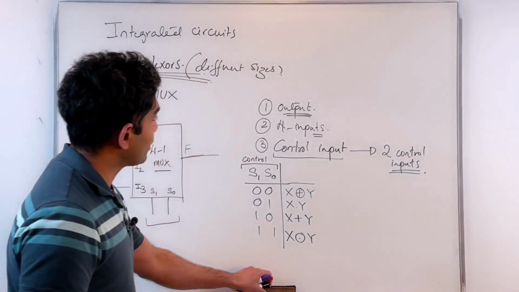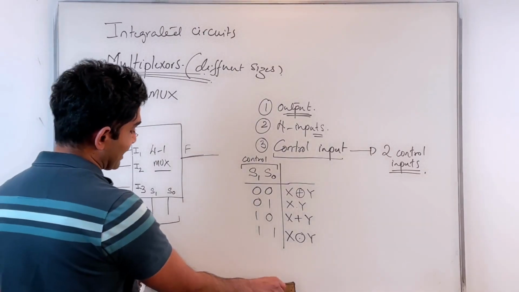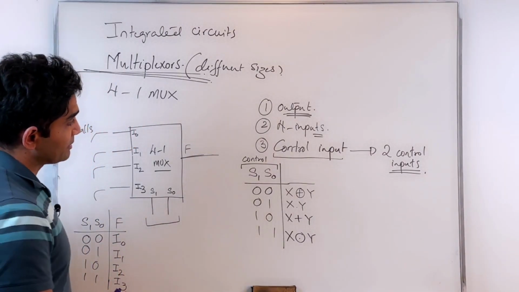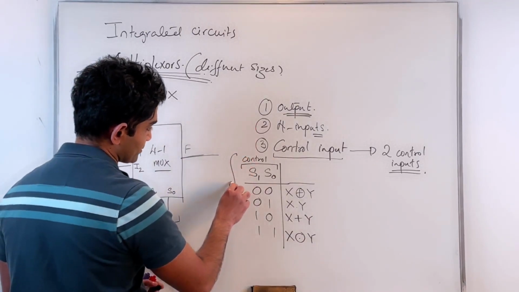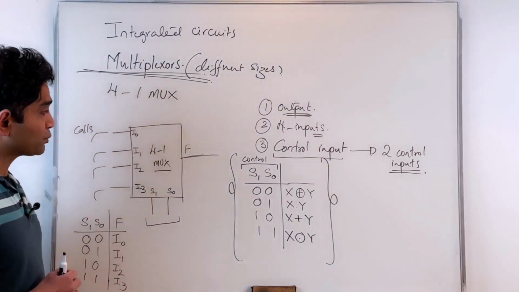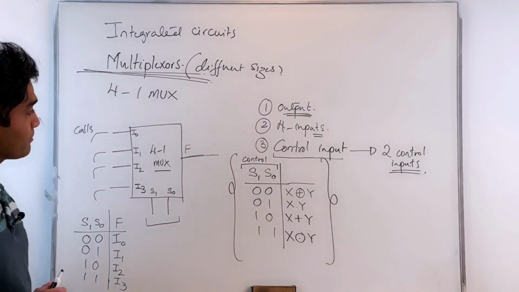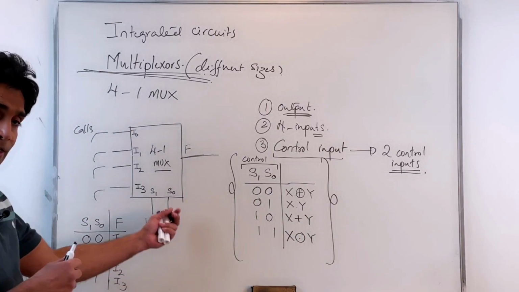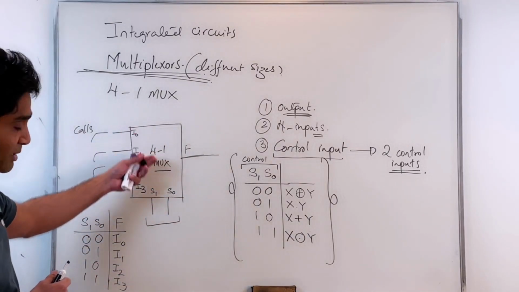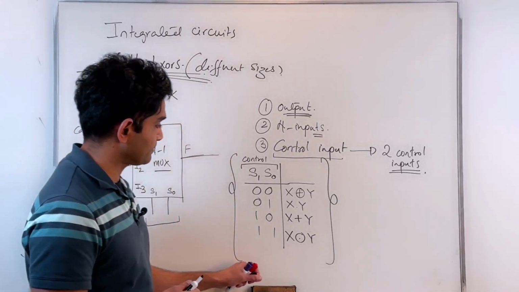Now, what I want to do is design a piece of hardware that can perform these operations by applying a multiplexer. How do I do this? I can directly utilize the multiplexer to obtain those functionalities. So let's see how we can do that.